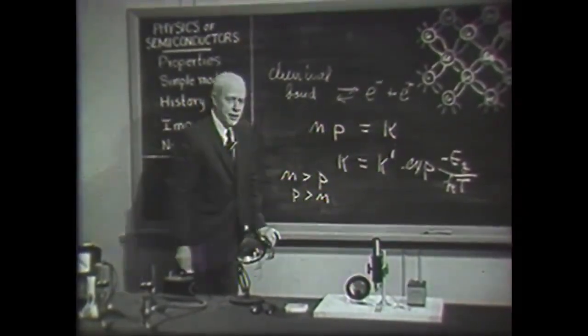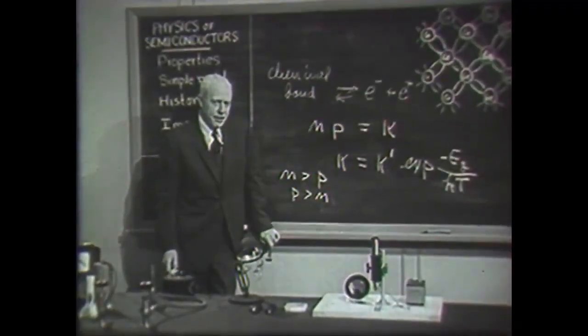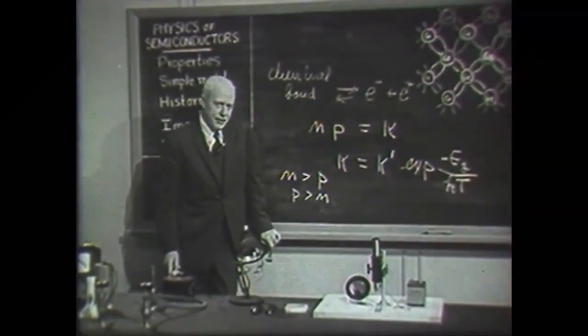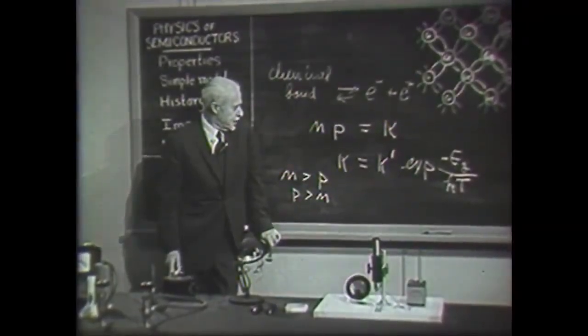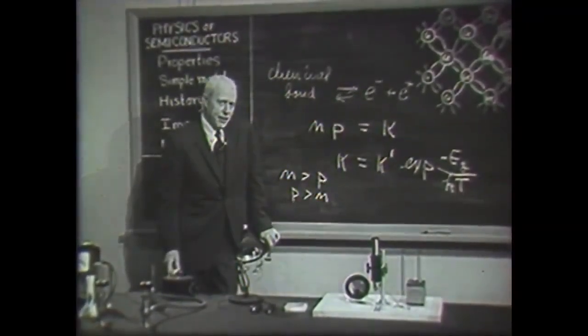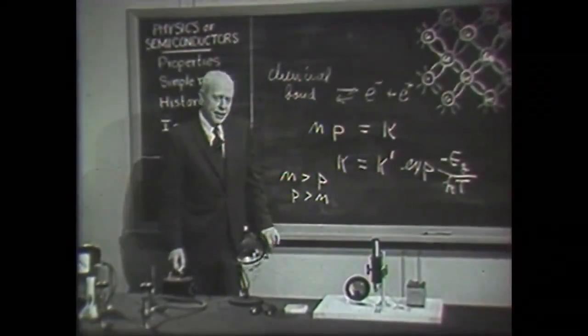p was much greater than n, so much greater than n that the experimentalist had the tendency to forget about the fact that there might be some electrons, that the electrons might play a role. Other materials had n greater than p, but so much greater that there again the other carrier was lost sight of.